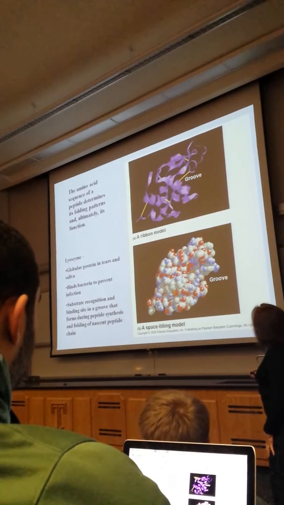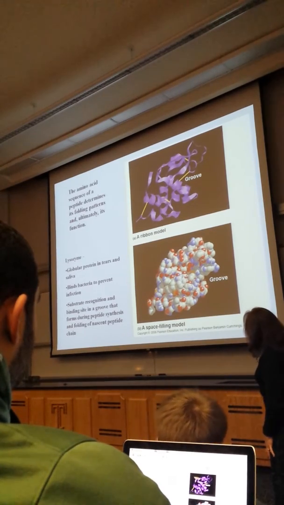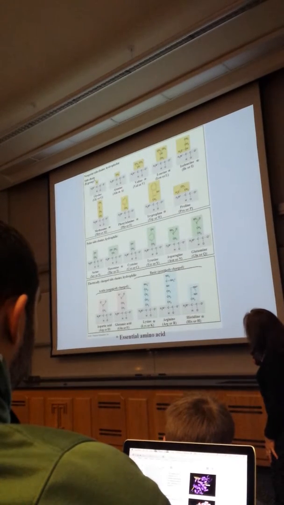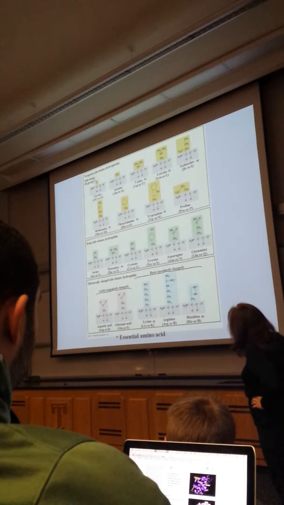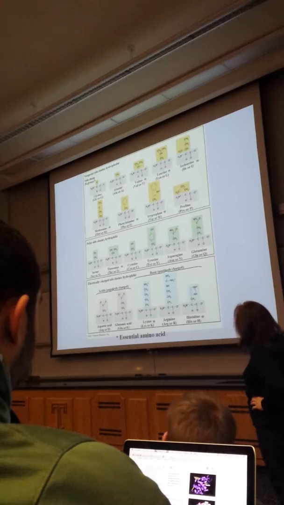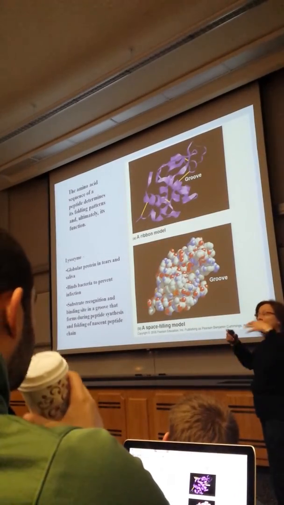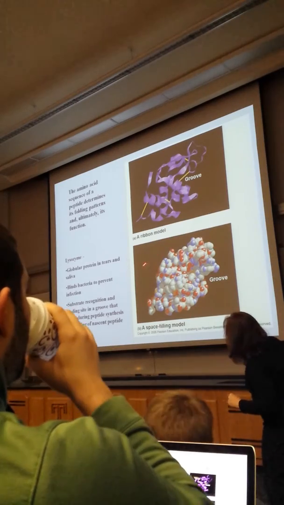What I also want to point out is that if you look at your amino acid R groups, it would be these hydrophobic amino acids that you see here that are going to be on the interior of the protein, away from the aqueous environment.